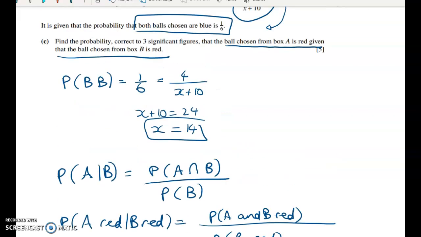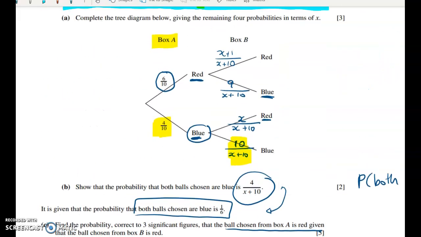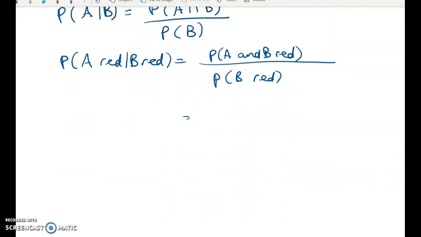The probability that A and B are both red is going to come from here. Red and red, so it's going to be this times this. Let's get rid of some of the other stuff on here. Okay, so the numerator will be as follows: 6/10 times x plus 1 over 10 plus x.